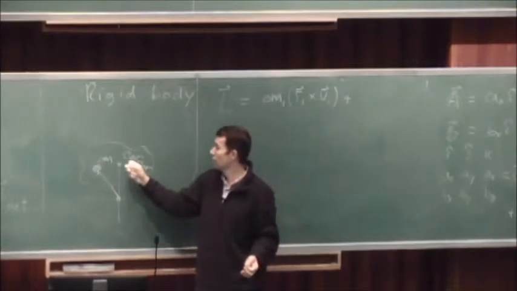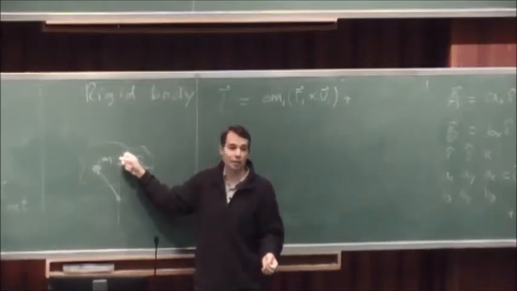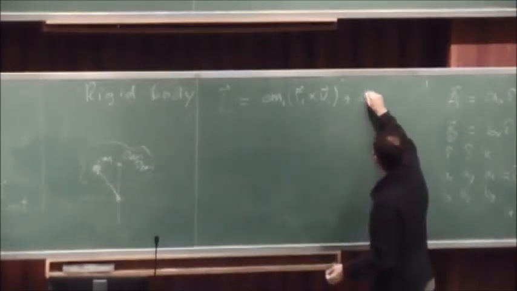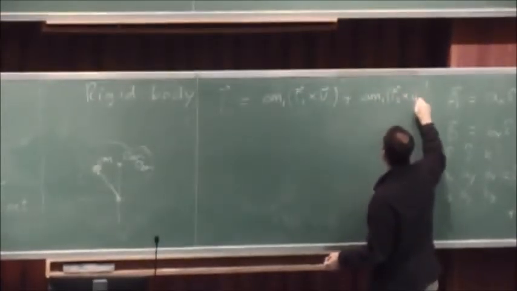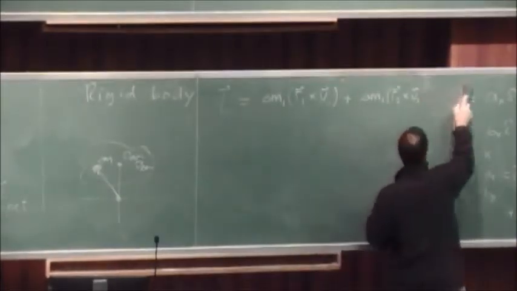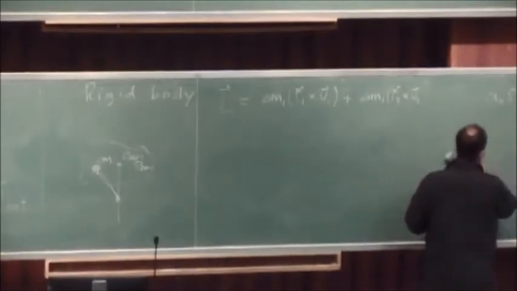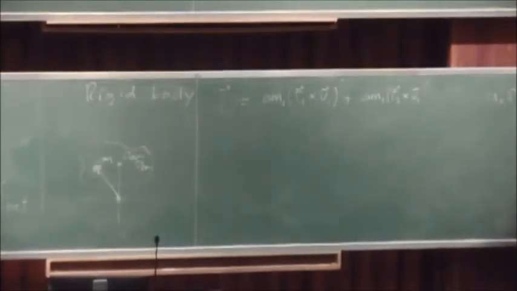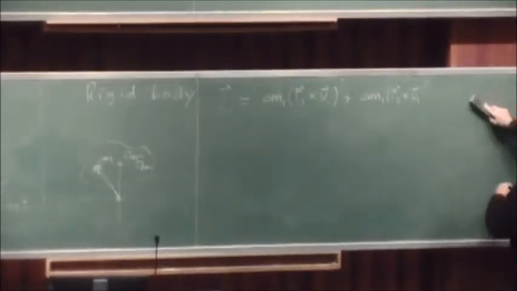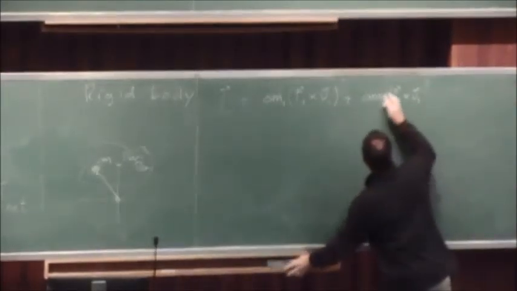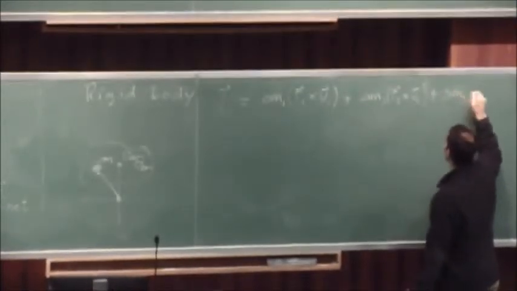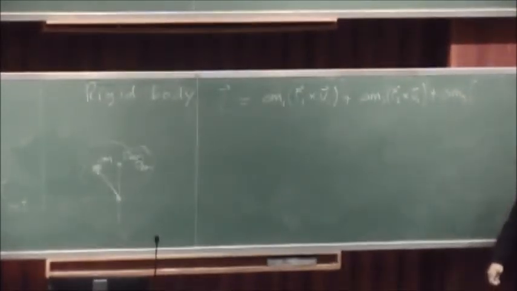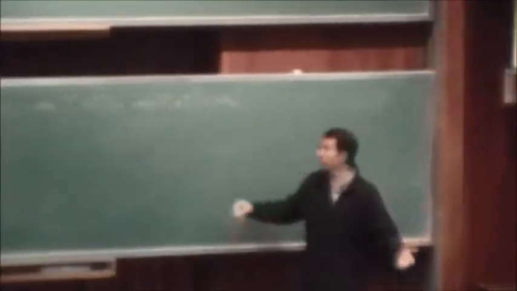Now, how about this particular mass element? Well, I simply do the same thing again. I have delta M2, R2 crossed with V2. Plus delta M3, R3 crossed with V3, right?